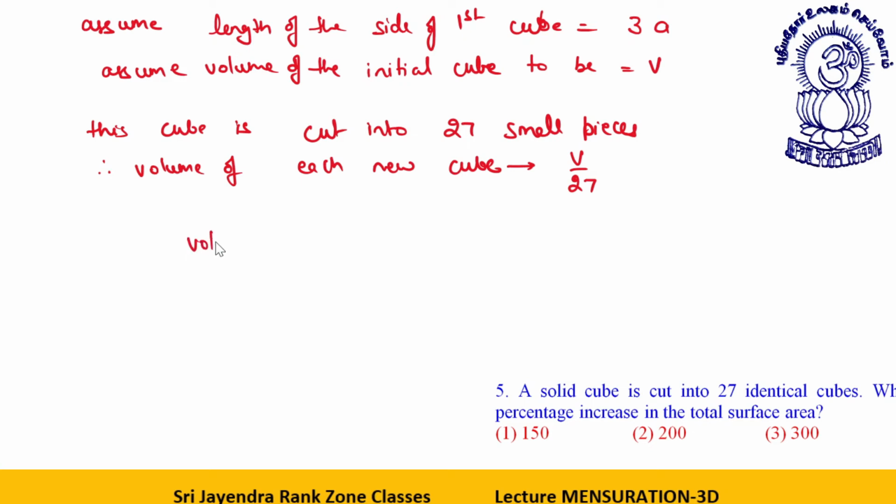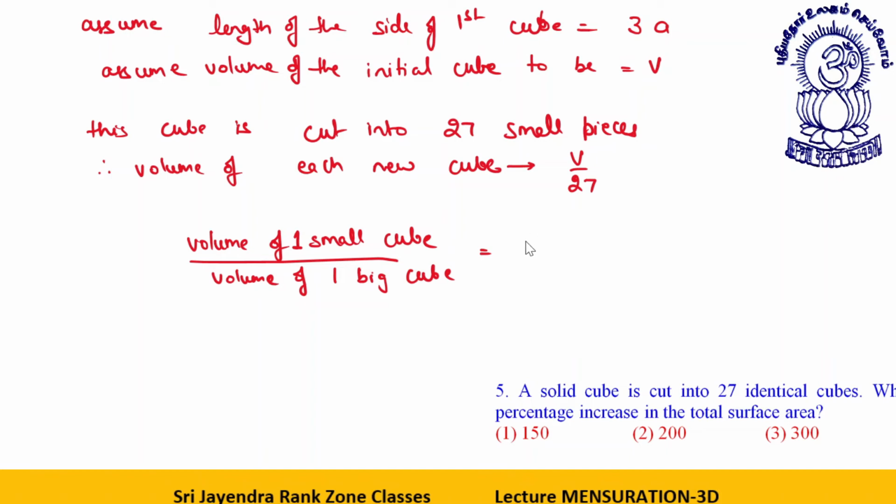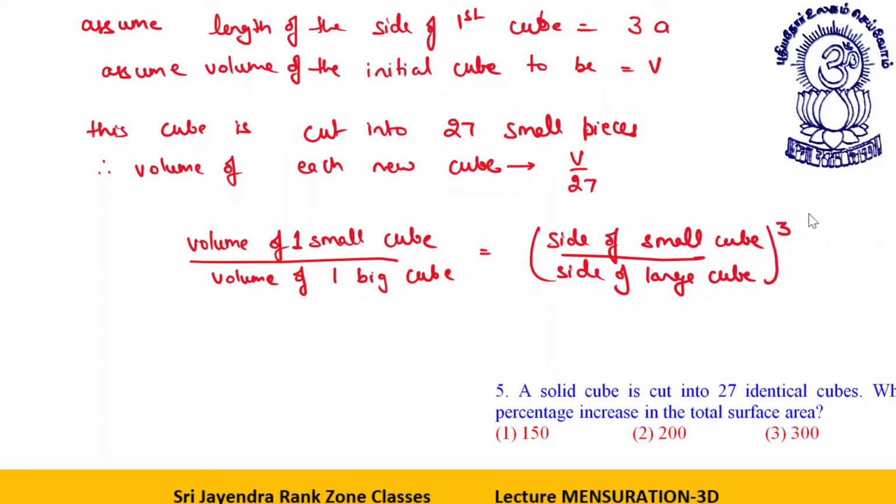Now I say volume of one small cube upon volume of one big cube will be, as per the theory we have discussed, side of small cube upon side of large cube, cubed.